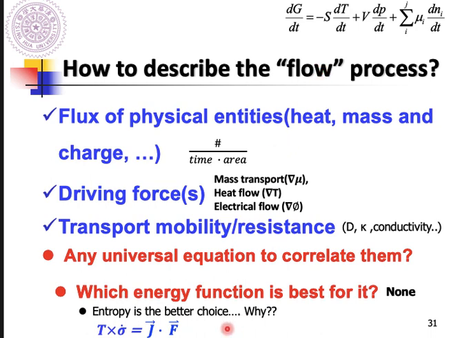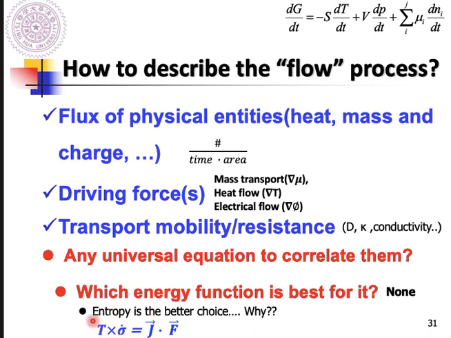So we can use the entropy change rate to describe the flow process. If this flow process happens fast, then the entropy production rate is definitely larger, right?